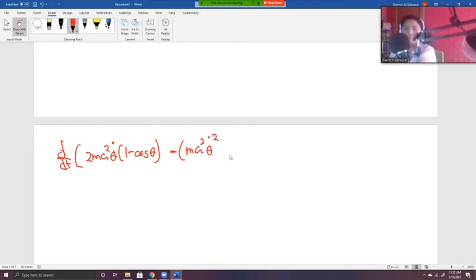So that would be 2ma squared theta dot (1 minus cosine) minus ma squared theta dot squared sine theta plus mga sine theta equals 0.